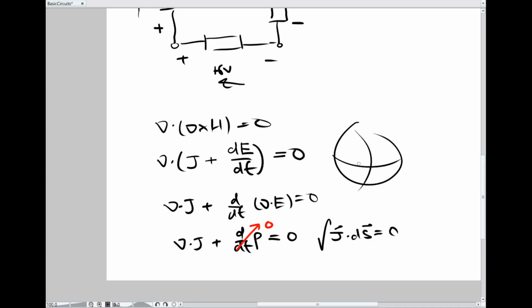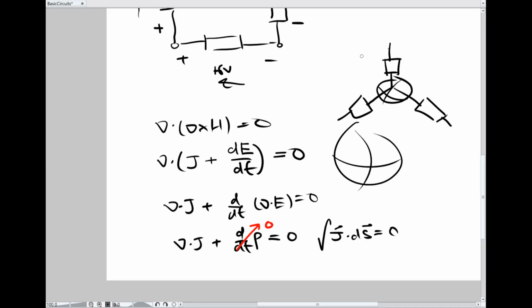This means that, say I have some elements and they're connected together at some node. If I were to draw some surface around that node, the sum of all the current coming out of that surface would be 0.